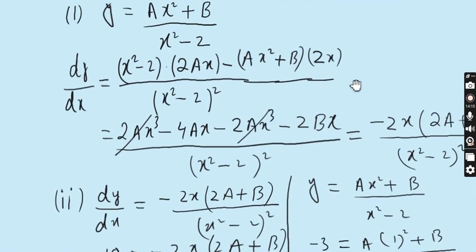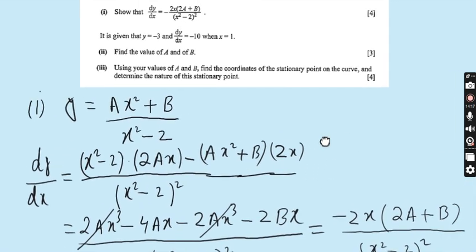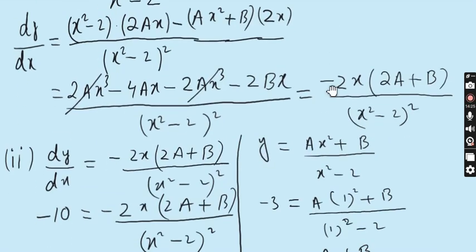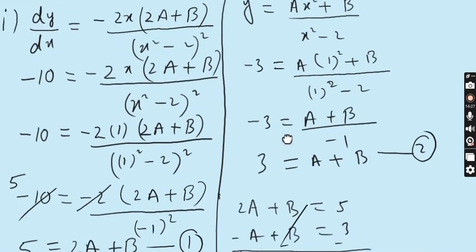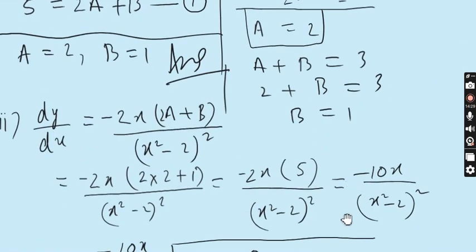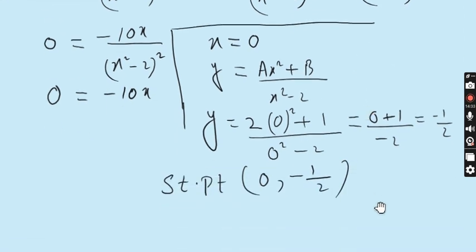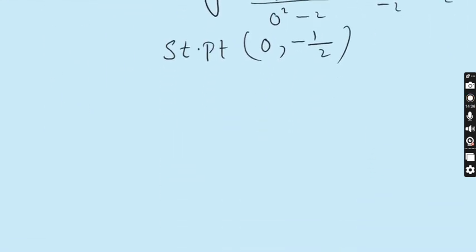You can see, using your values of a and b, find the coordinates of the stationary point on the curve and determine the nature of this stationary point. Now we are going to find out the nature of the stationary point. In order to find the nature of the stationary point, we have to take the double derivative. So what is our single derivative?